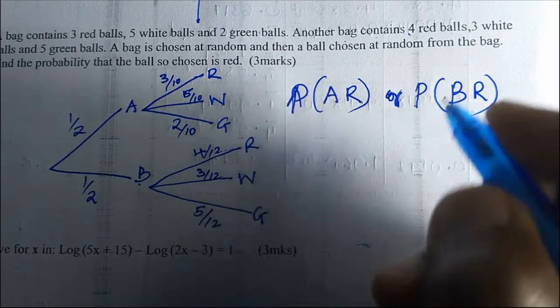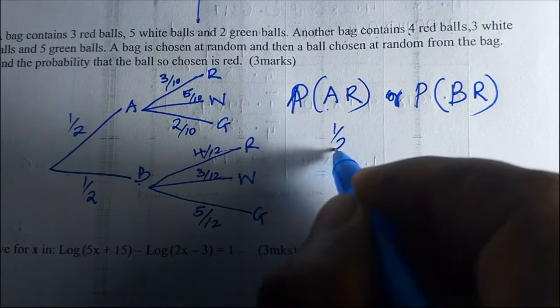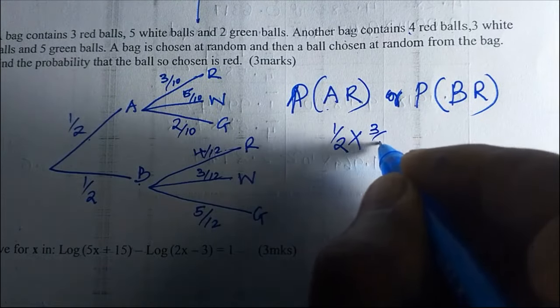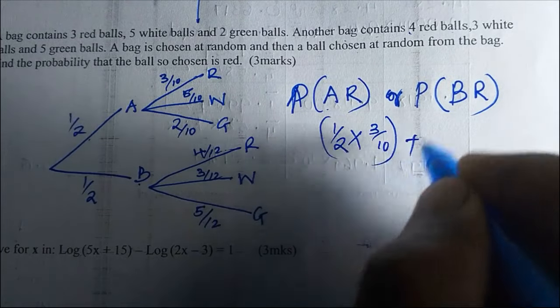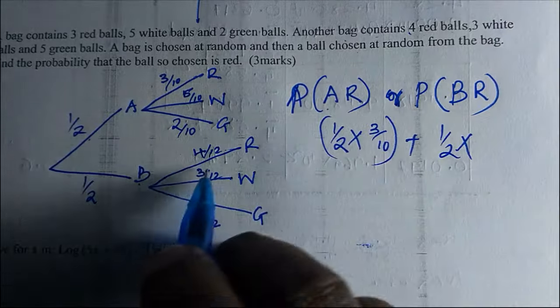So the probability is 1 over 2 times 3 over 10 plus, for this one, 1 over 2 times 4 over 12.